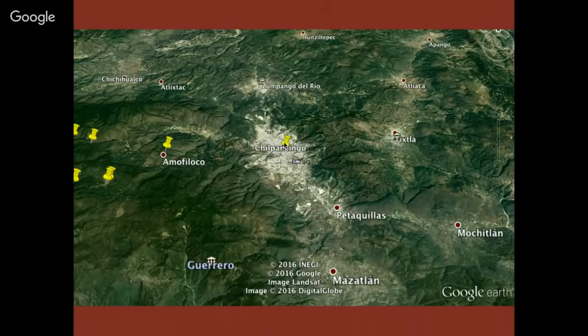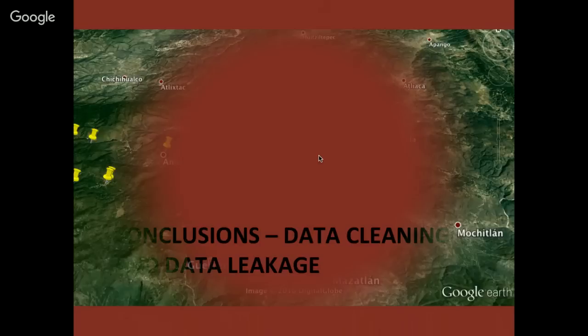So I think this is a record that's clearly erroneous and should be removed from the data set. Notice that the data on the tag of this specimen says Chilpancingo. This is not a georeferencing problem. This is a problem with the original data. And so the georeferencing was correct. It's just that the record is wrong. So we need to deal with that if we're going to use these data.